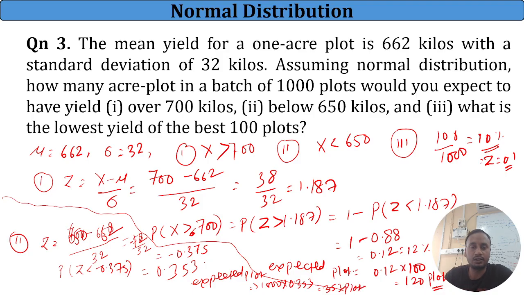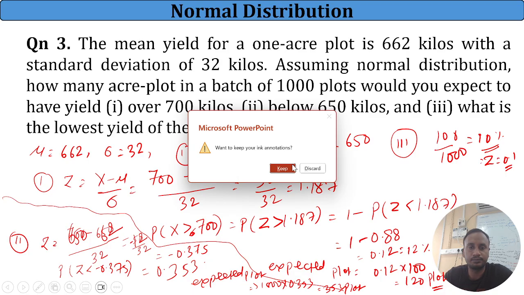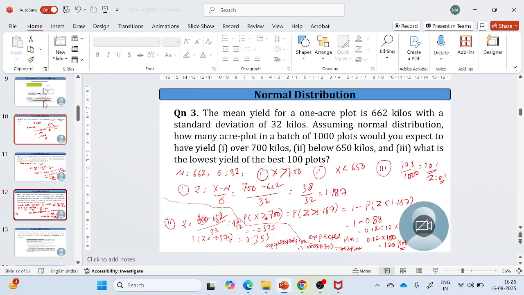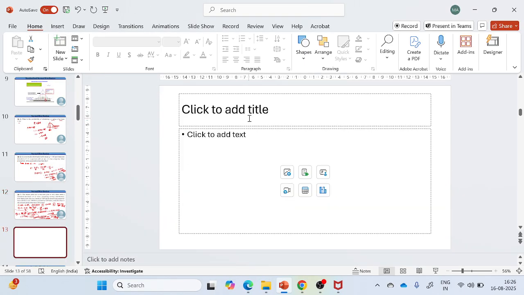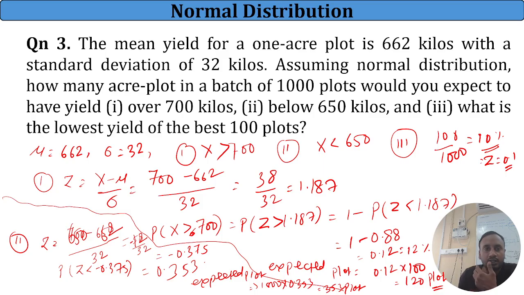So what will be the last? What is the third question we have? The third question: what is the lowest yield of the best 100 plots? It means they have given the z value as how much? 0.1. Is it? So we know the formula z is equal to x minus mu upon sigma.